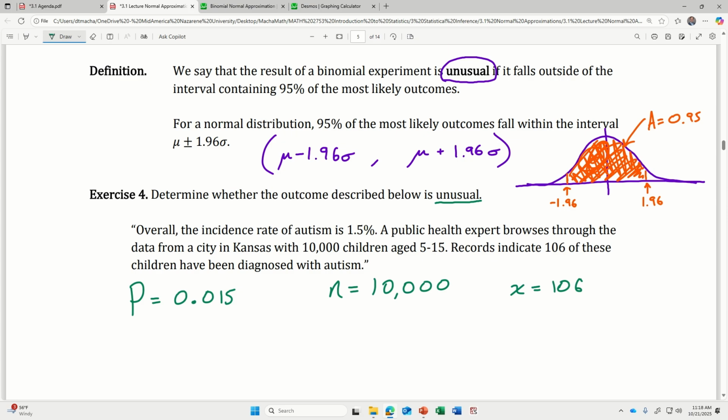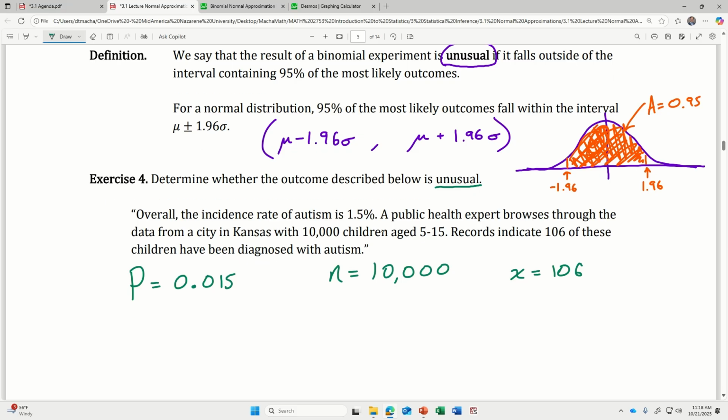But what that means is the number of children out of this sample that have an autism diagnosis would be a binomially distributed random variable. And so what we want to verify first is, could I use a normal distribution to adequately model this?